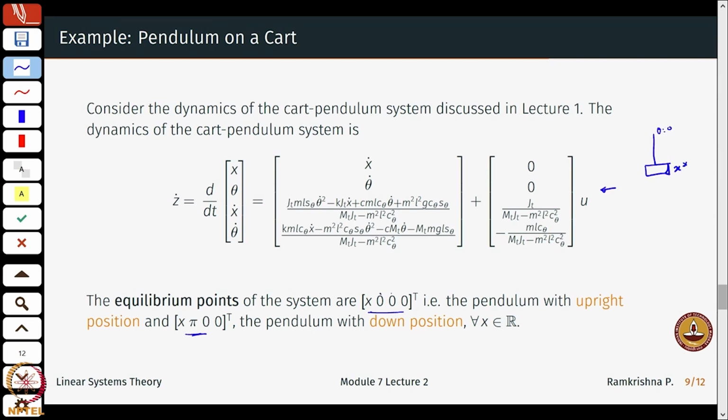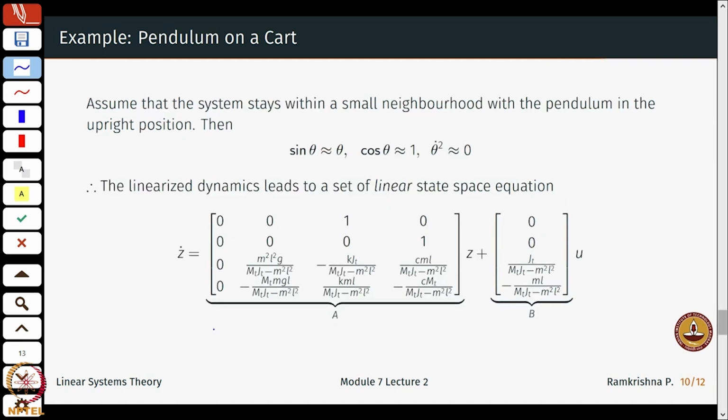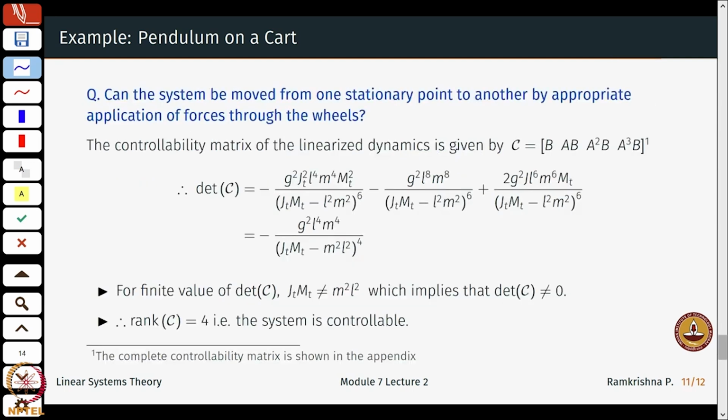So this will be theta equal to 0, with both velocities equal to 0. Another possibility is the downward position, where theta is pi, some value of x, and the velocity is 0. Just to do a little approximation, I approximate sin theta as theta and cos theta as 1, for theta and theta dot being close to 0.